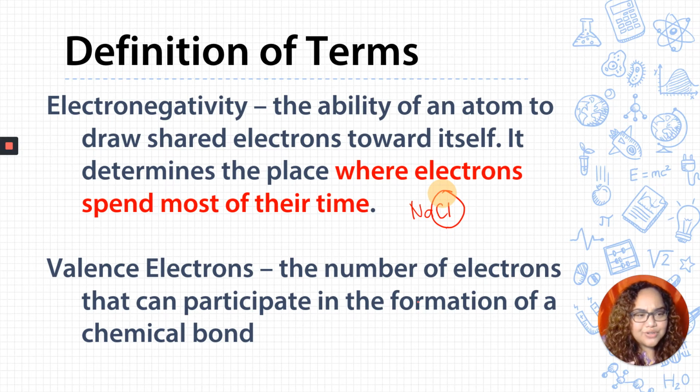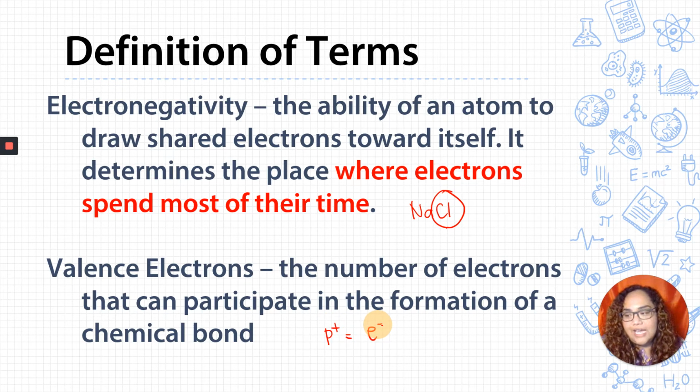How about valence electrons? Valence electrons are the number of electrons that can participate in the formation of a chemical bond. So if you remember what we've learned, in an element that has no charge, the number of protons would be the same as the number of electrons.